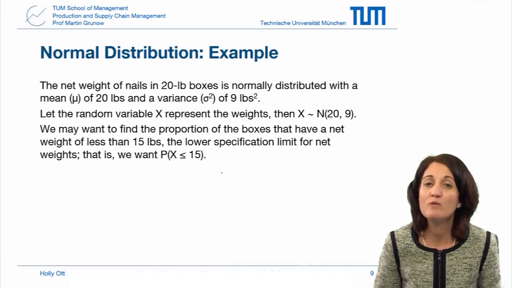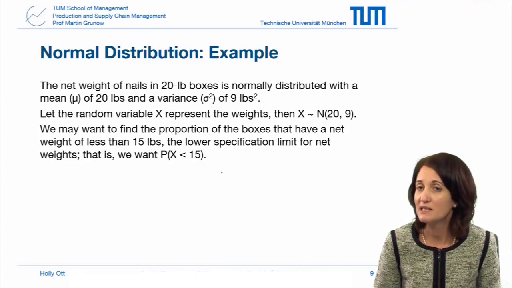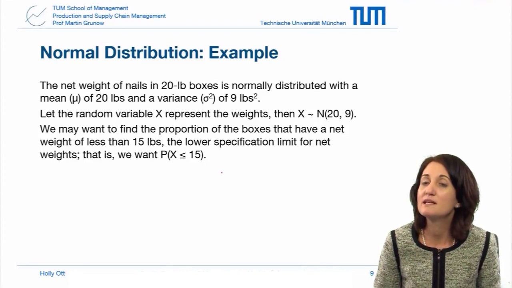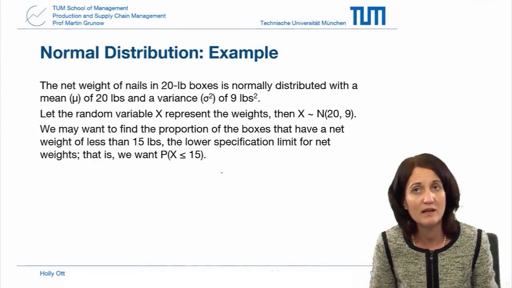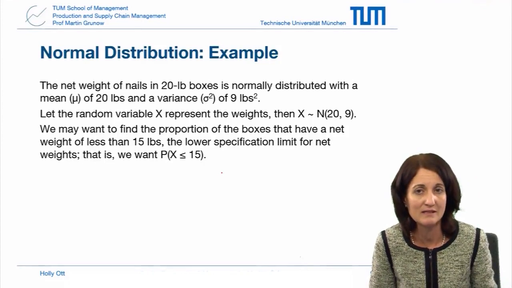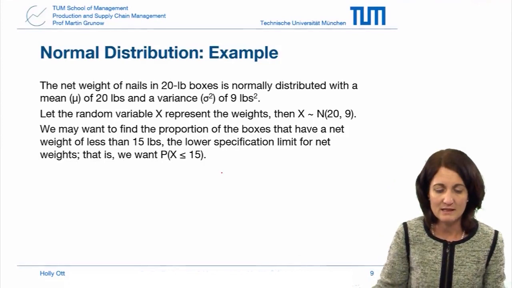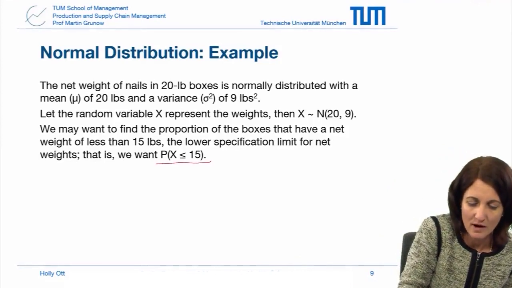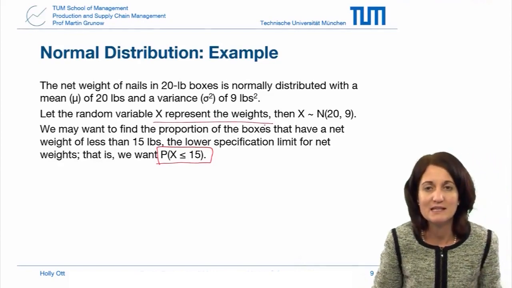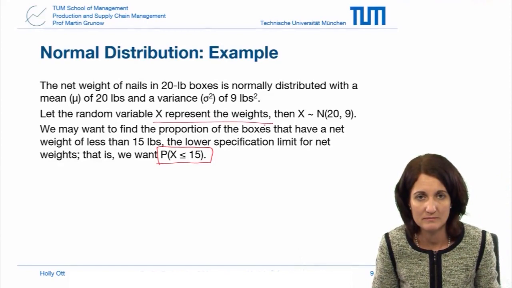Now, we may want to find the proportion of the boxes that have a net weight less than 15 pounds. Let's say that's our lower specification limit for the net weights. We're not allowed to sell any boxes of nails that have less than 15 pounds in them. So what that means is that we're looking for the probability that our random variable x, the weight, is less than 15 pounds.